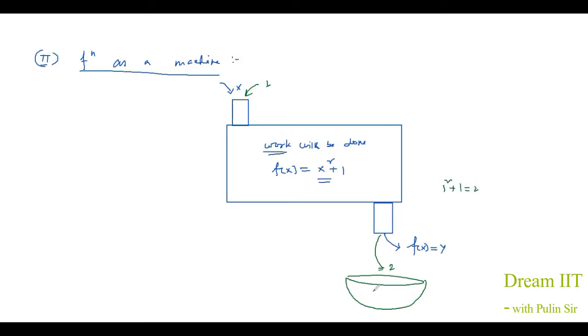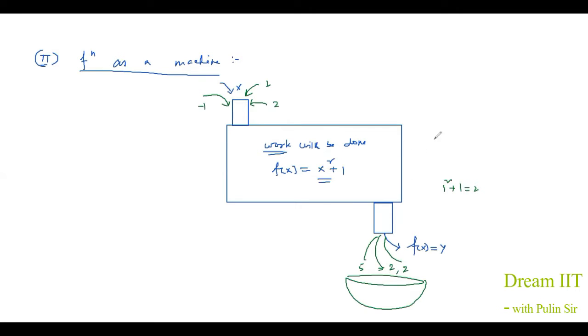So that 2 will be in the container. Similarly, if I give the input as -1, I will again get 2 as the output. Suppose somebody gives you 2 as the input, it will be 5. Did you understand? This is the way a function works.